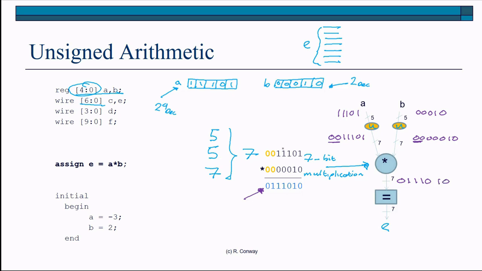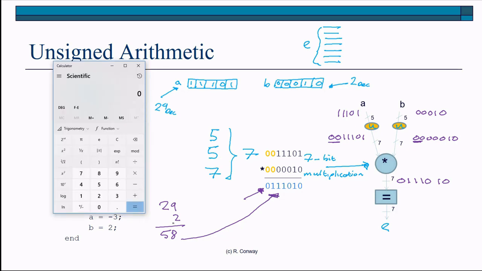Let's see if this makes sense. Well, we're multiplying A by B. A is the value 29 decimal. B is the value 2. So in decimal, we're multiplying 29 by 2, and that gives us the decimal value 58. And you can check to see that 58 is represented by this binary value.